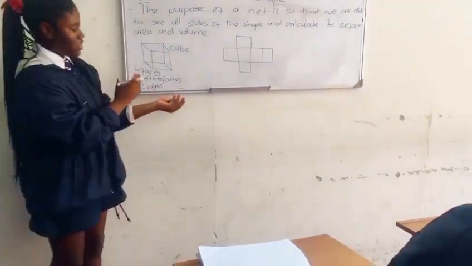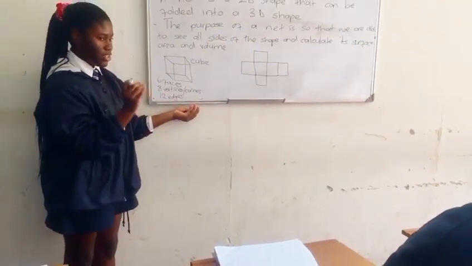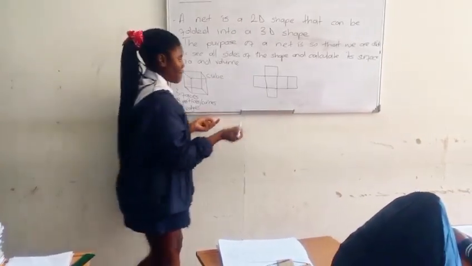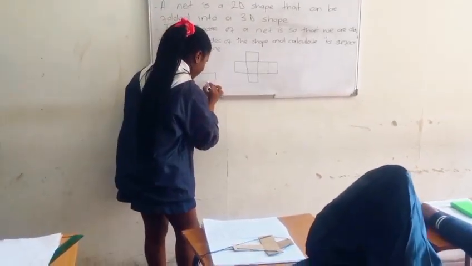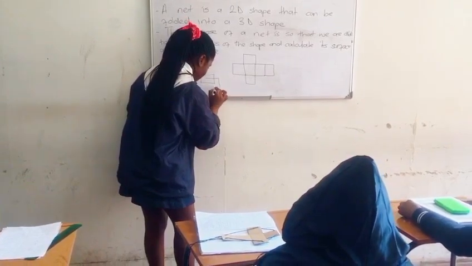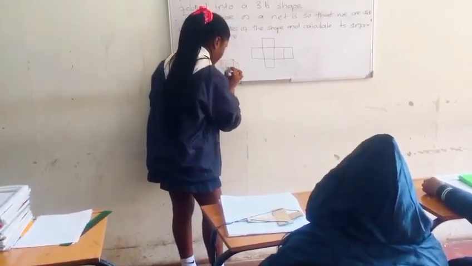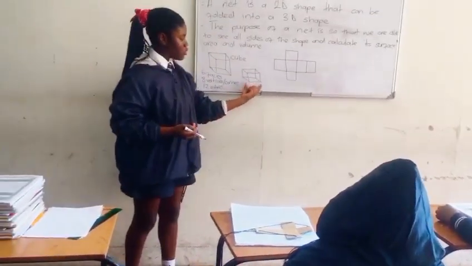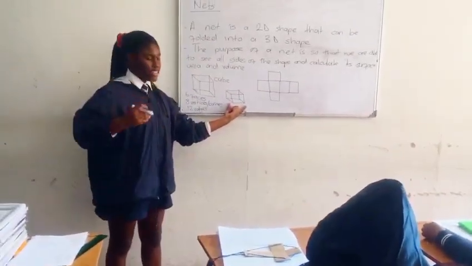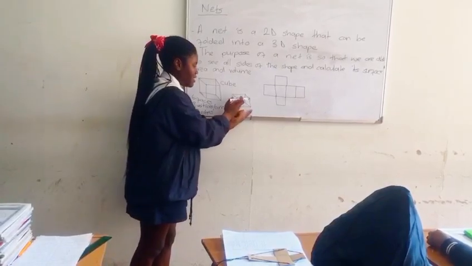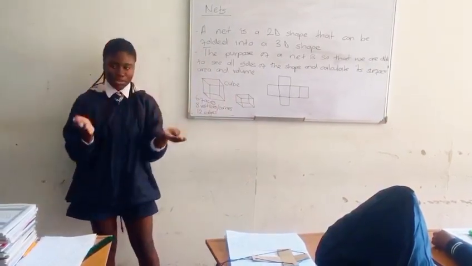Now, we want to draw the net of a rectangular prism, which will be looking like this. What you do is you imagine again cutting the edges of this. By edges we mean these, so that it's able to become flat.